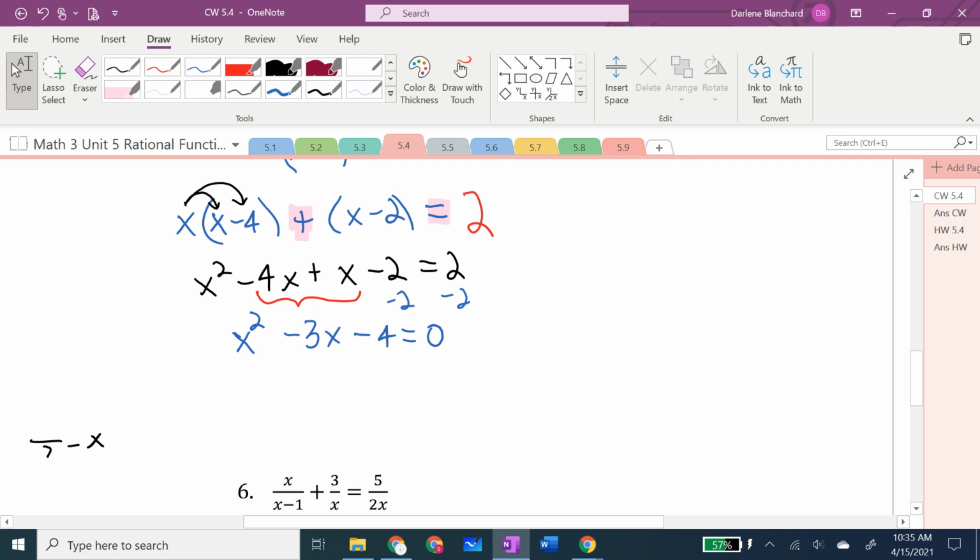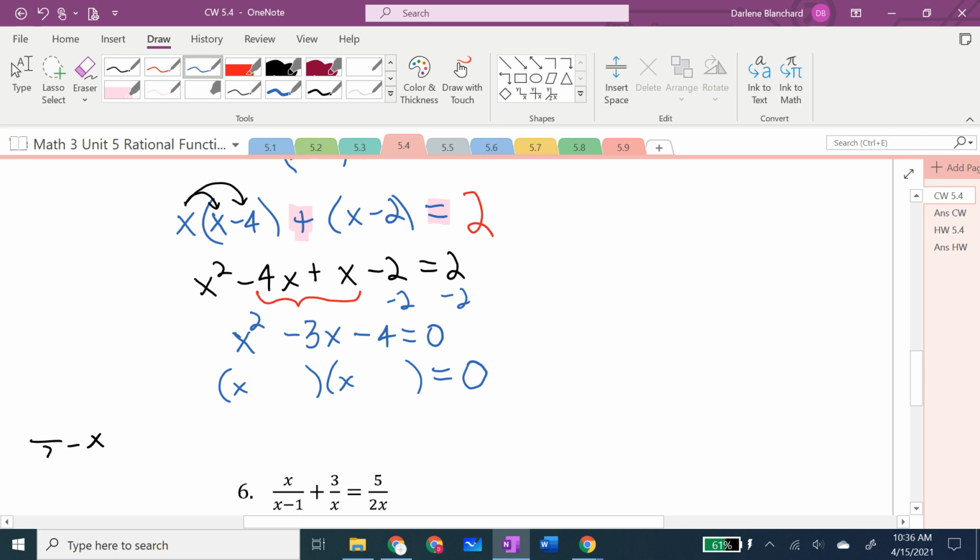Uh-huh. Oh, so what do you just do, like the x and factor it out? Yep, factoring. So if you have a polynomial set equal to 0, factoring is the direction that you're looking at.